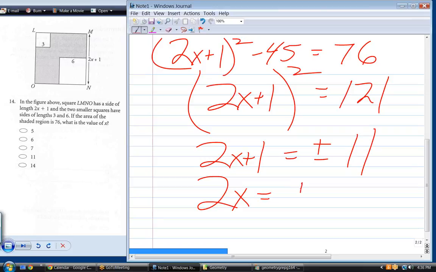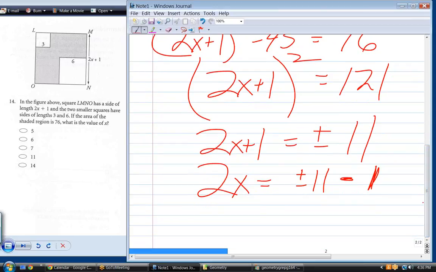Let me suggest a different way of writing it for the moment. Now what's the last step? You divide both sides by 2. That whole thing. So x is equal to that whole thing.